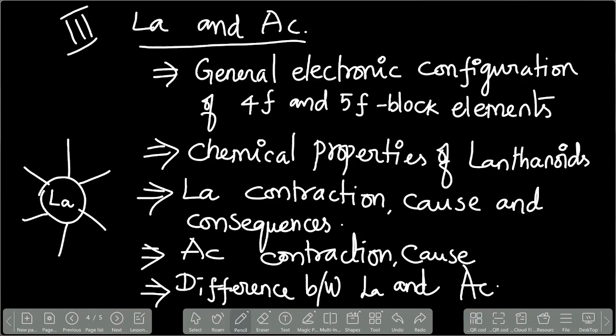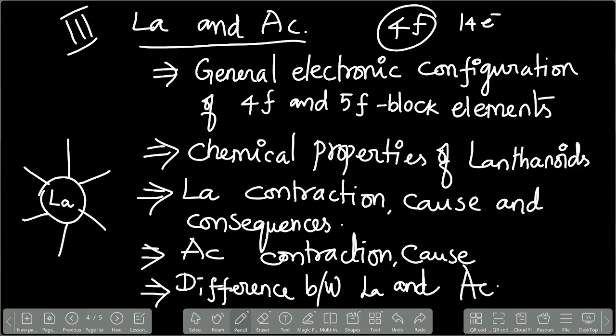Actually, that 4f orbital we have, right? F orbital, a maximum of 14 electrons can occupy. So those electrons do not shield properly in which orbital? 4f subshell, right? Imperfect shielding of electrons by one another in the same subshell or in the 4f shell.